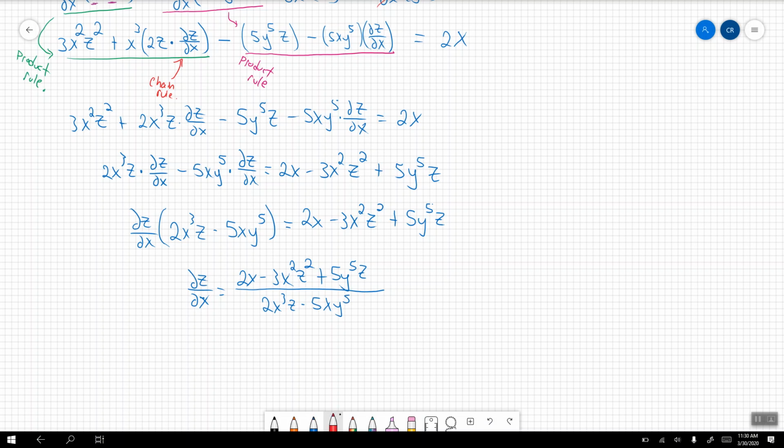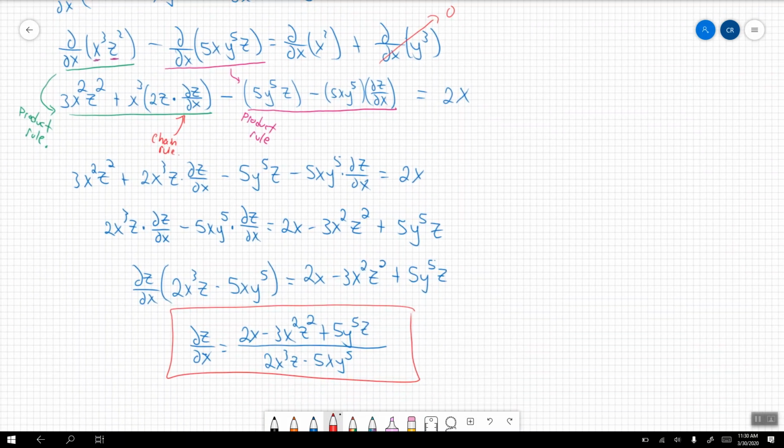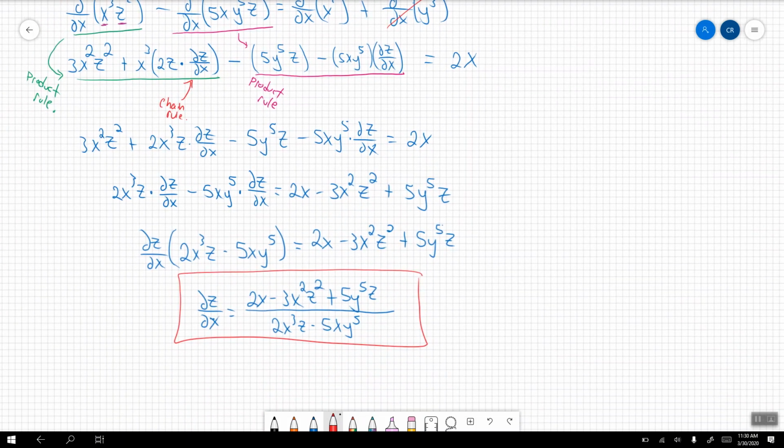And there we are. There is our answer to this original question that said find the partial derivative. Now, even though we couldn't solve for z, we could still find its partial derivative. We just have to use implicit differentiation.